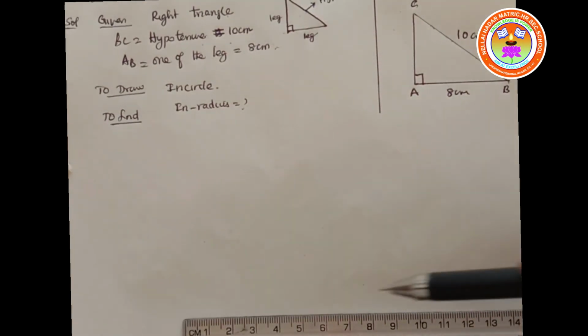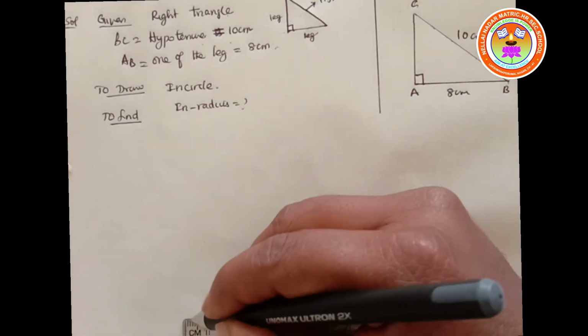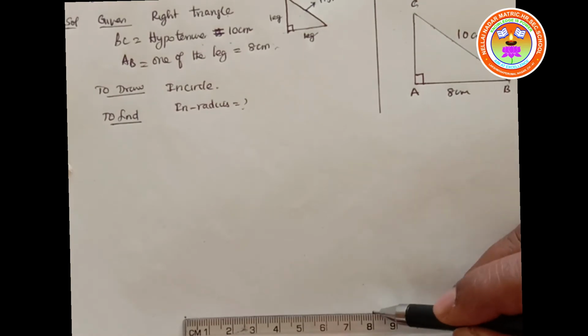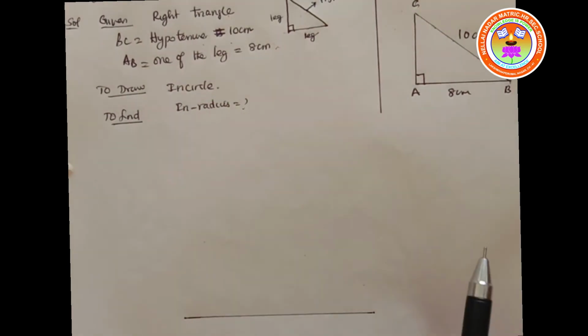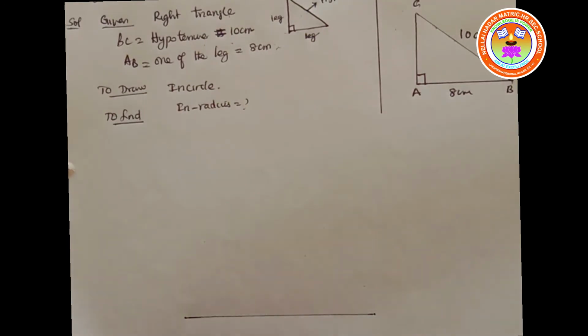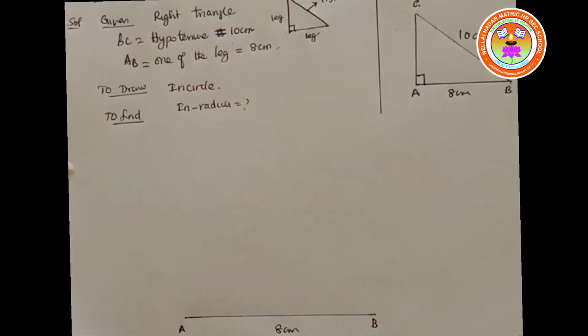So draw a line AB equal to 8 centimeter. Then you are going to take a protractor and mark an angle of 90 degree.